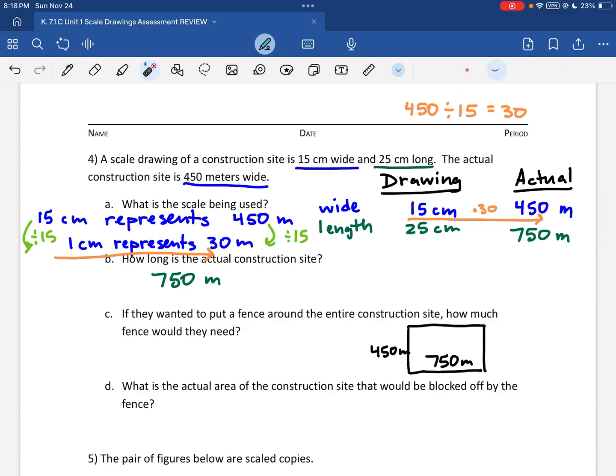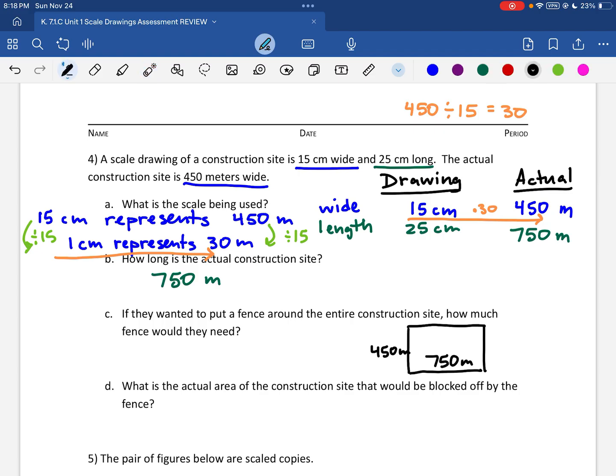Fence is perimeter. If I'm building a fence, I obviously want it to go around the outside. So this is a perimeter question, and when I draw the picture, that makes it even more clear. If I want fence, I'm going to need 450 meters of fence here and another 450 meters of fence here. But I'm also going to need 750 meters of fence here, which means I'm also going to need 750 meters of fence there.